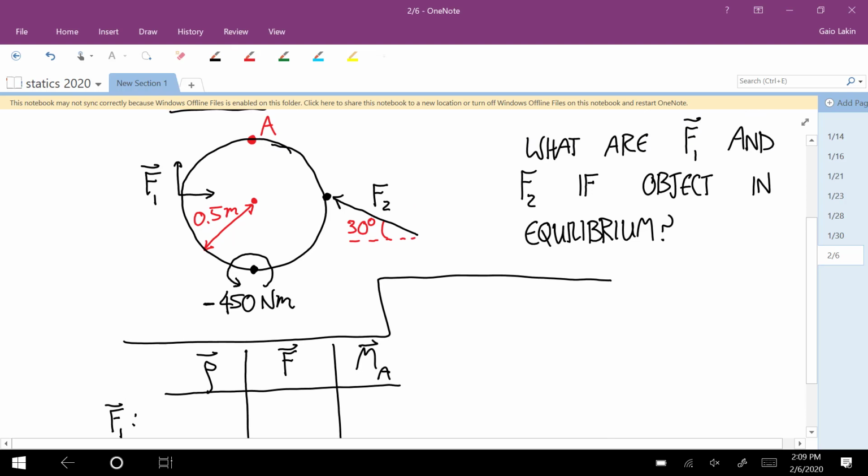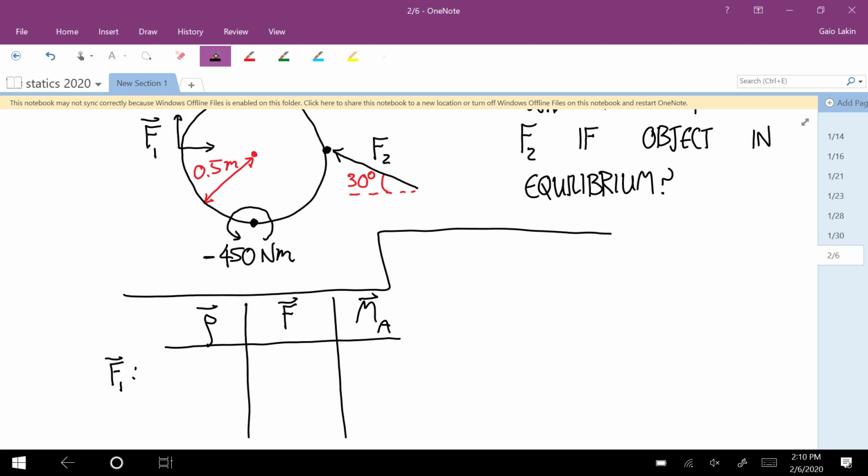The rho vector goes from the about point to where the force is applied. So we need to figure out a vector that goes from A to where F1 is applied. How do you get from A to F1? You go 0.5 meters down and then 0.5 meters over, right? That's your negative y direction and negative x direction. So that rho vector, if I do it in 3D, is negative 0.5, negative 0.5, 0.